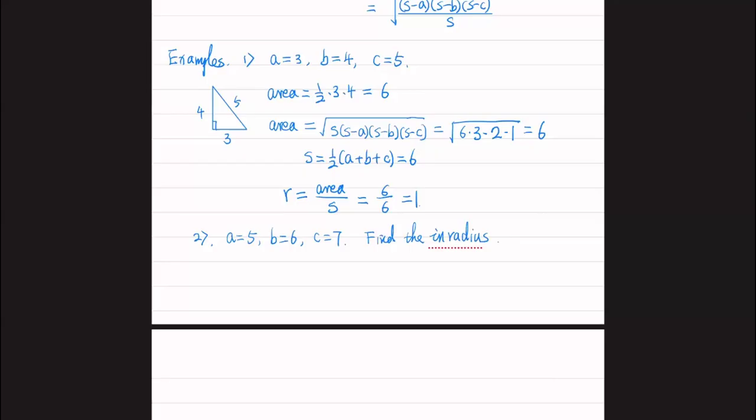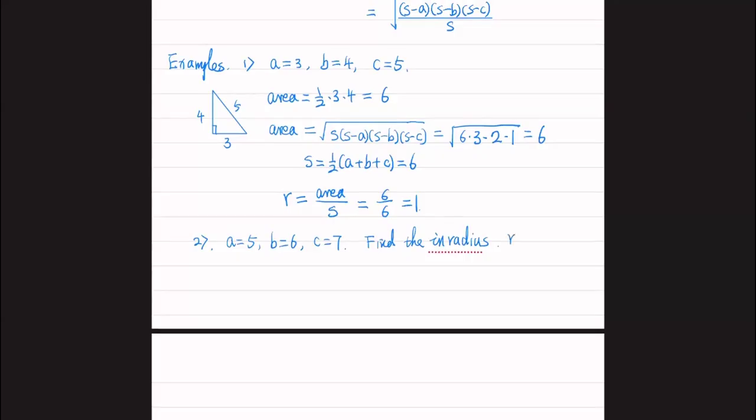Jessica, how do you find this radius? So you find half of the half perimeter, so you do half of 5 plus 6 plus 7, which is 9.